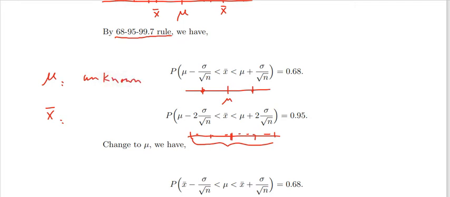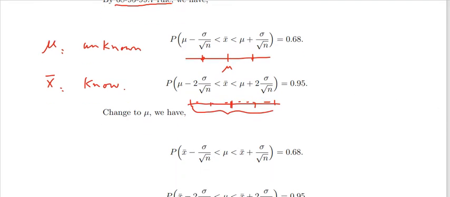So this x bar is our sample's average, and we know x bar. Our purpose is to find mu, so let's change this to focus on mu.